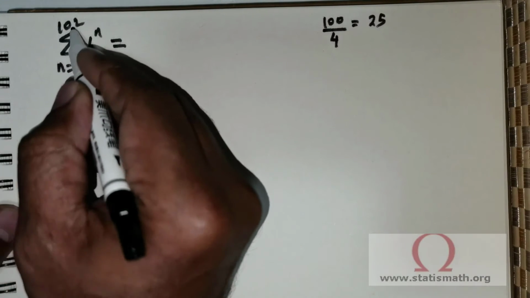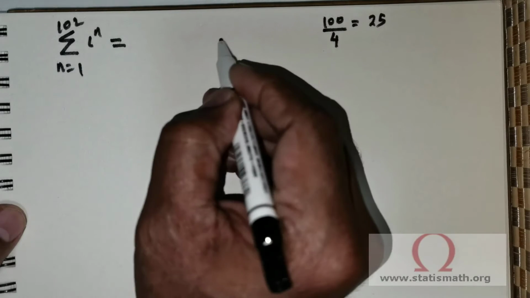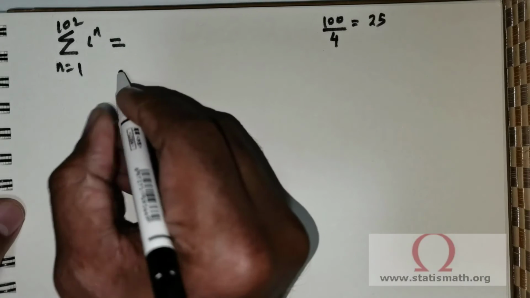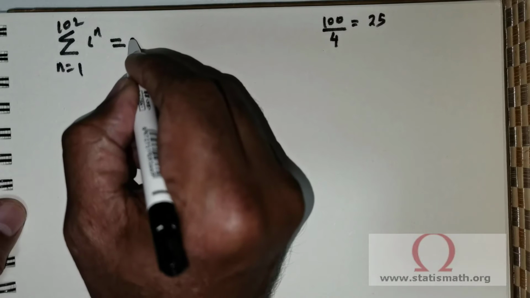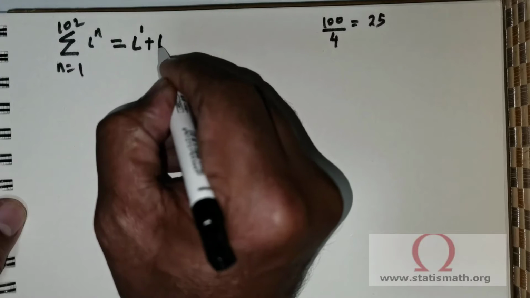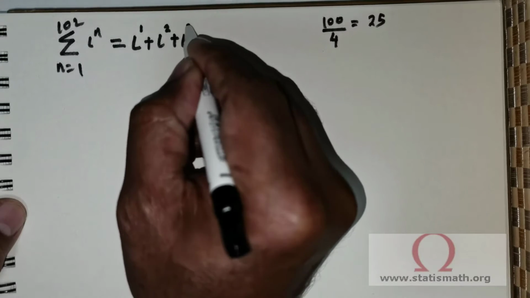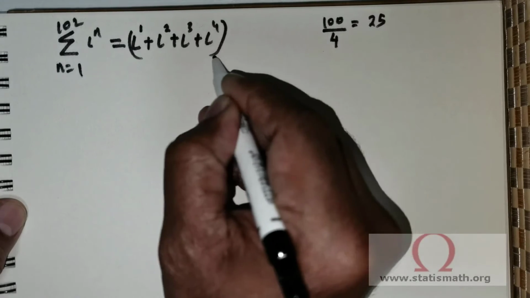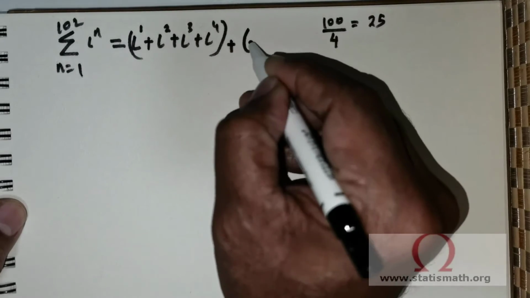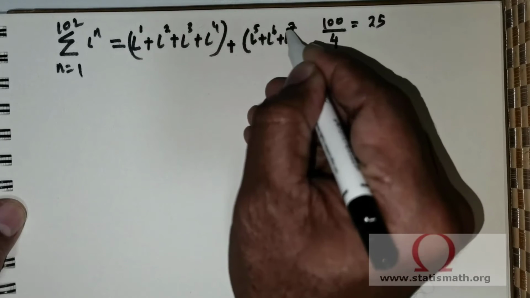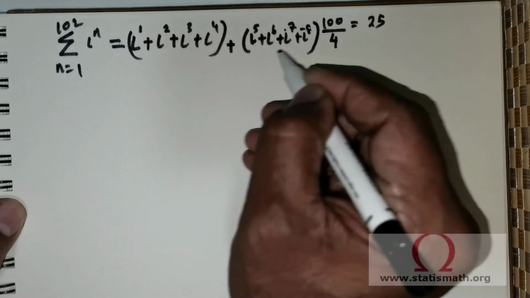But we are given 102. So that means if I were to write them in quantities of 4s, I would be left with 2 terms. Let me show you what I'm trying to convey. So n equal to 1 is the first term, n equal to 2, n equal to 3, and n equal to 4. So this is the first 4 terms, followed by the next 4 terms: n equal to 5, 6, 7, 8.